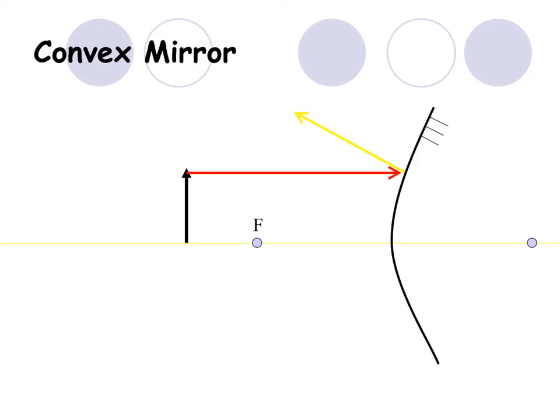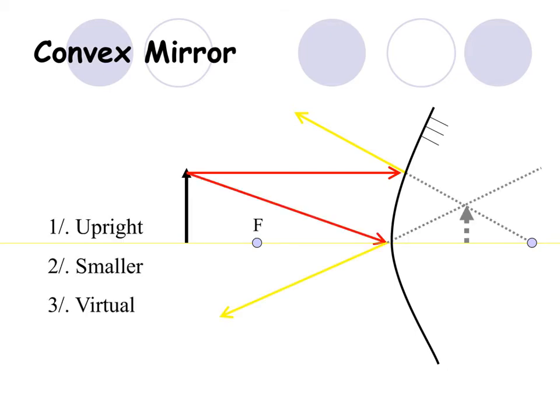Now, in a convex mirror, instead of the light coming back through the focal point, it comes away from the focal point, which is on the other side, the minus side. So it basically emits itself from there. That's the difference with a convex mirror. And in the same way, the rays appear to diverge. So wherever I look from, my eye's over here somewhere, I'm looking at diverging light.